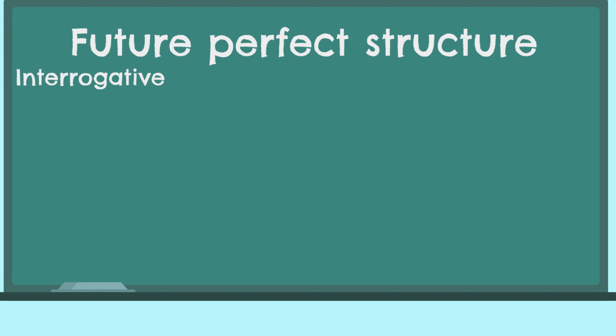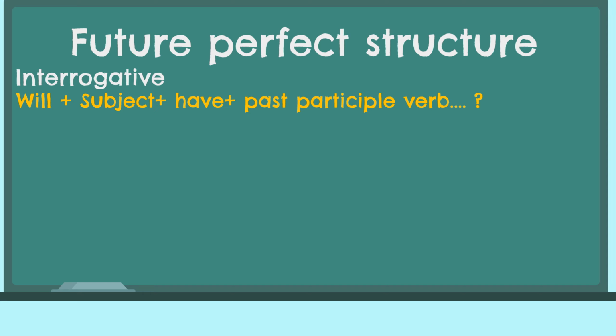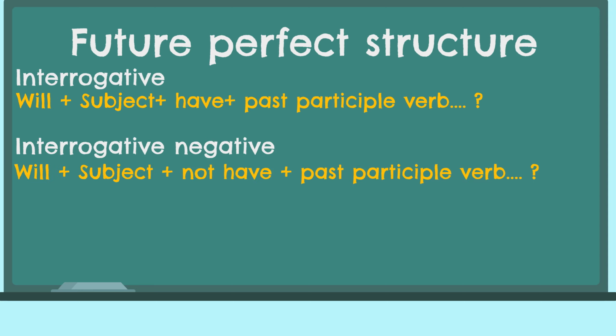Now let's see the structure for interrogative sentences in the future perfect tense. Will plus the subject plus have plus the past participle verb plus the rest of the question. For negative interrogative sentences, the structure is as follows.